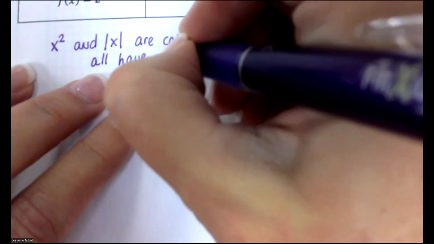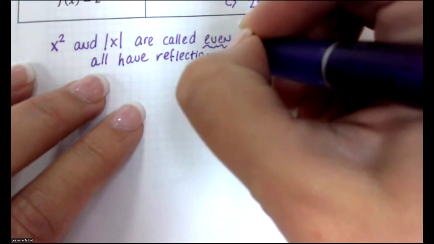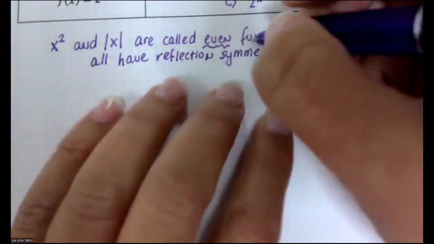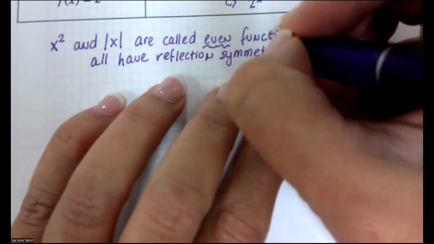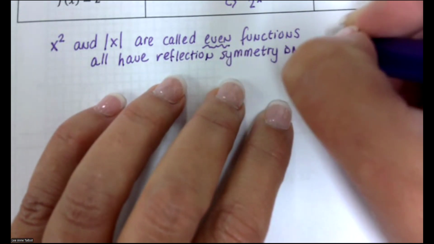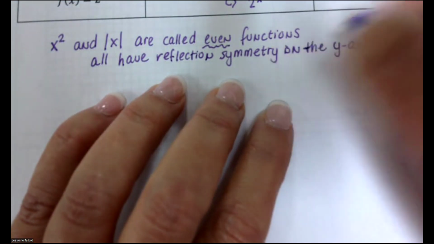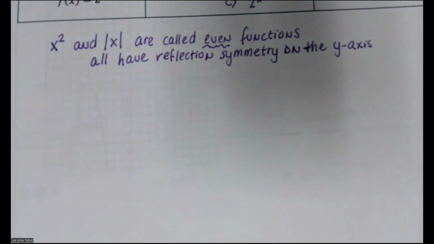All have, it's called reflection. Perfect. You spent 2 minutes on reflection symmetry in math too. And you say on the y-axis, specifically has to be on the y-axis, the reflection symmetry.